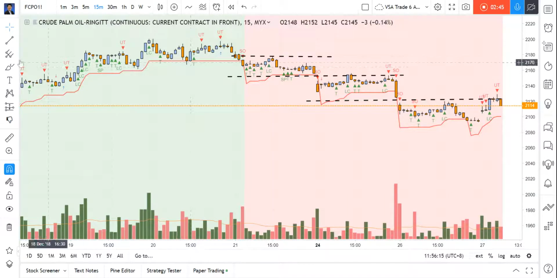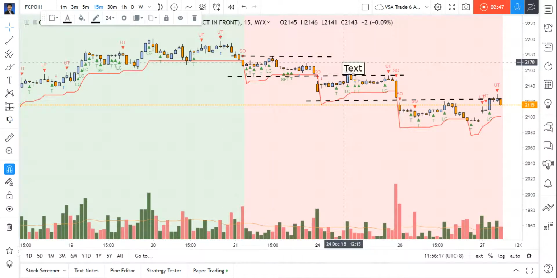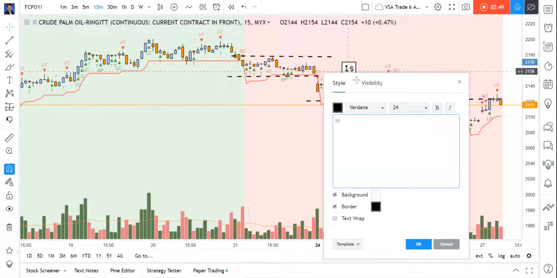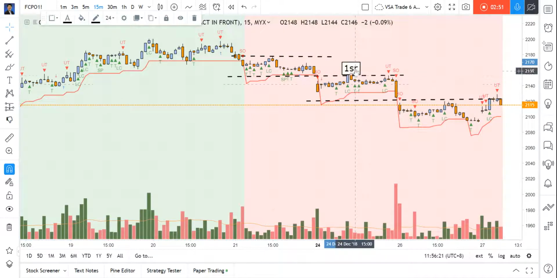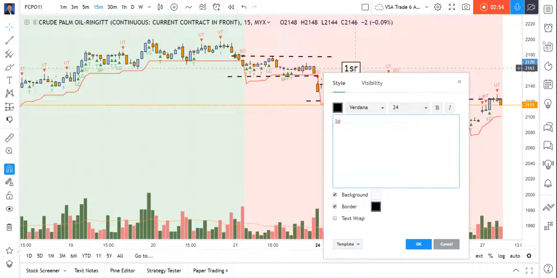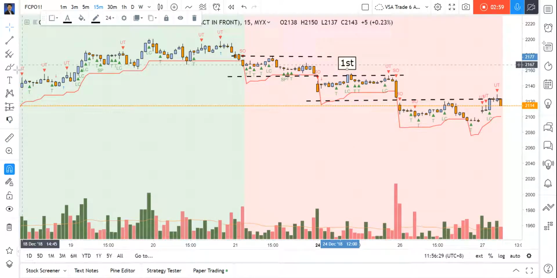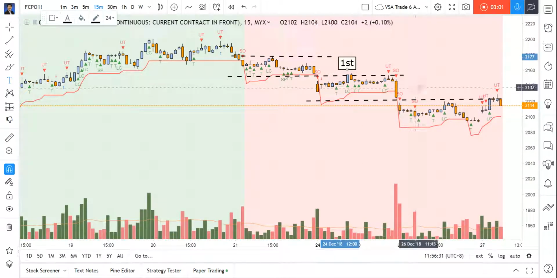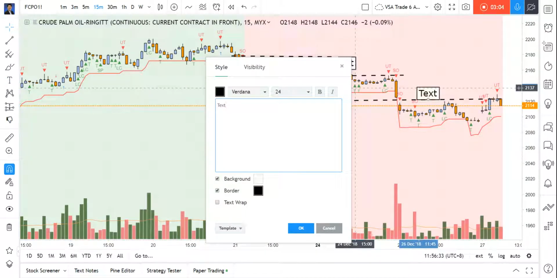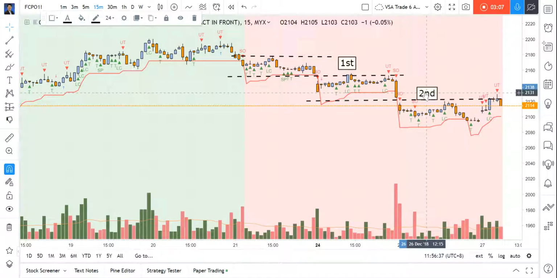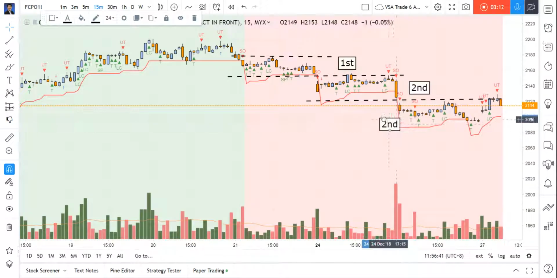So this is the first one. First redistribution over here, and here is the second redistribution, and now probably right in the third redistribution area.